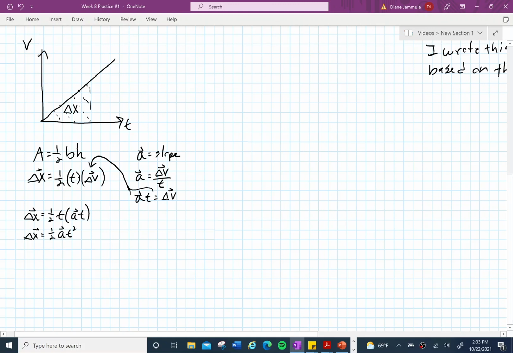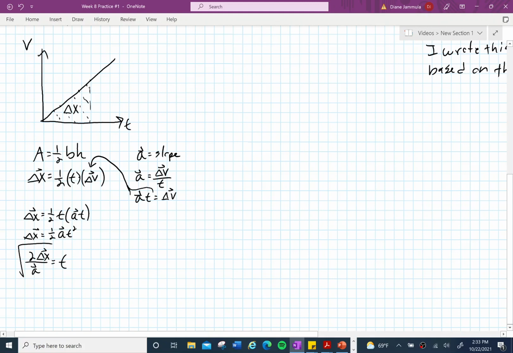This is starting to look like a kinematic equation that I know. I know how far the apple fell. I know the acceleration, but I need to know the time. Let me rearrange for time. I'll multiply both sides by 2, divide by the acceleration, and take the square root. That's what the time is.